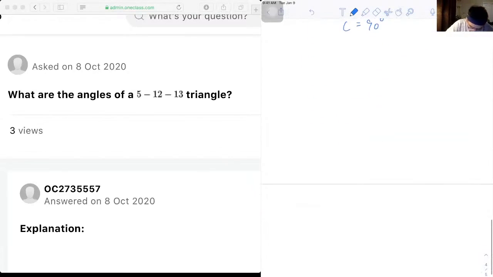And since C is 90 degrees, we conclude that triangle ABC is a right triangle.